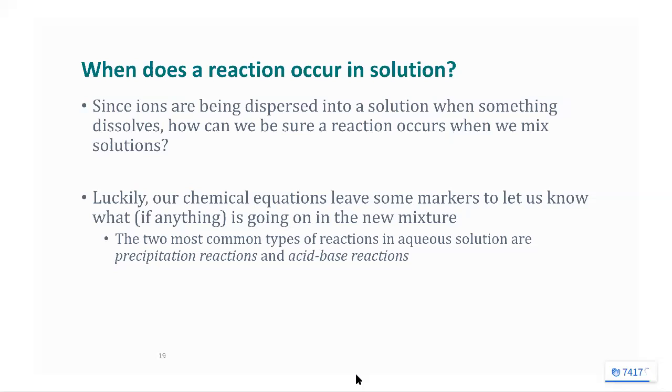Not necessarily. If I give you a double replacement reaction, does that actually mean that the reaction occurred the way that it says in the equation? We don't know. We wouldn't know until we actually tried it.